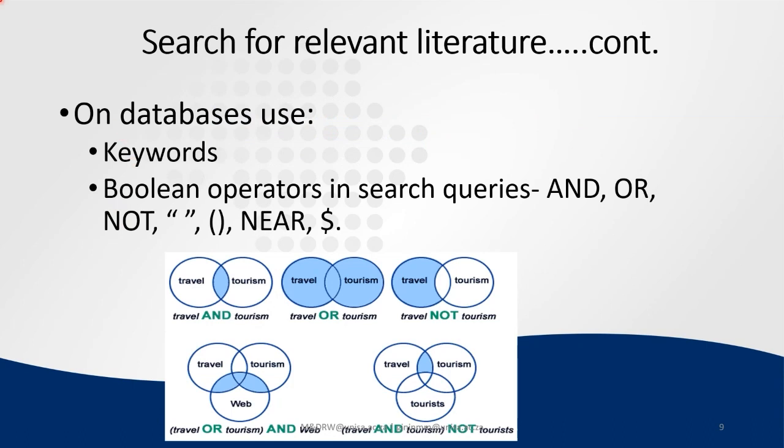Now, when you are doing your research, it's important that you use what is called, when you are on the searches, I'm sorry, I'm getting disturbed on the side. So now, when you are searching for your literature on the databases themselves, you use keywords, you use Boolean operators.